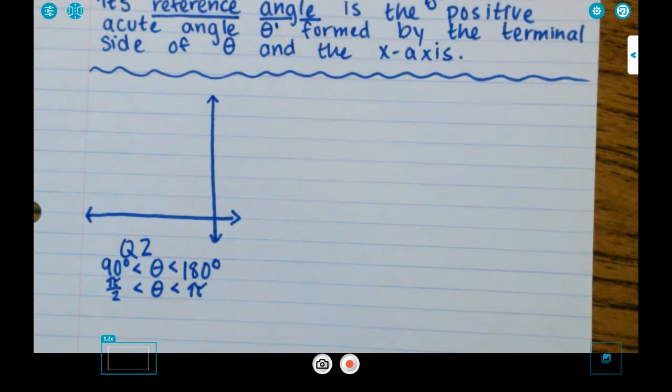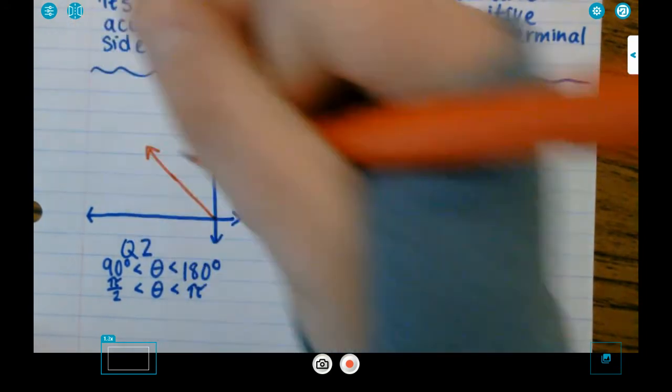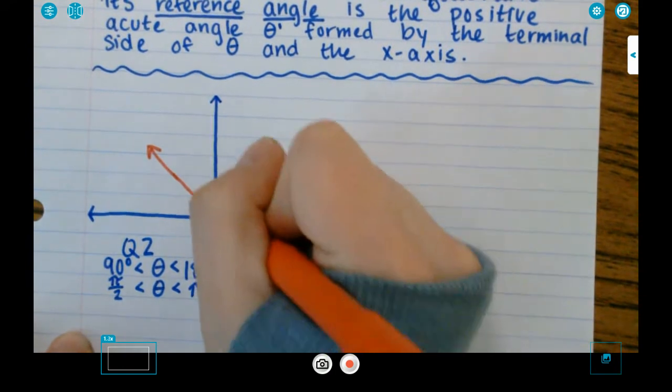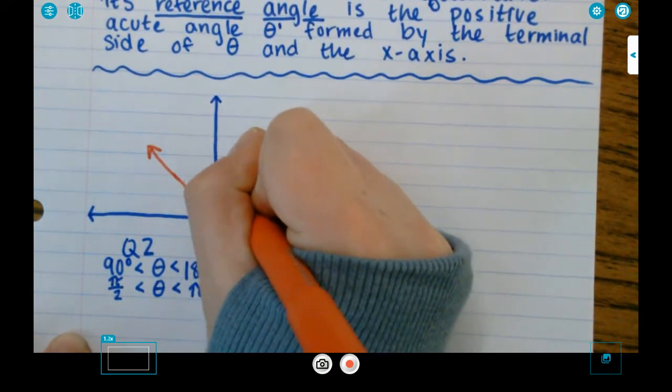Okay, so in quadrant 2, let's say that we have an angle in quadrant 2. I'm just going to draw a random line here. My original angle would be from my positive x-axis to this line, and that would be my theta.